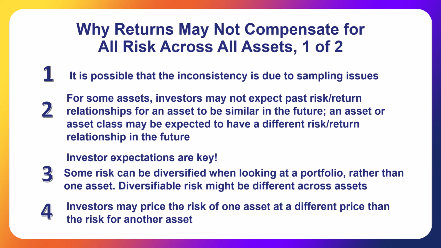So again, investor expectations are key to understanding how these risk and return relationships combine. Some risk can be diversified away when looking at a portfolio rather than one asset. So diversifiable risk might be different across different assets.